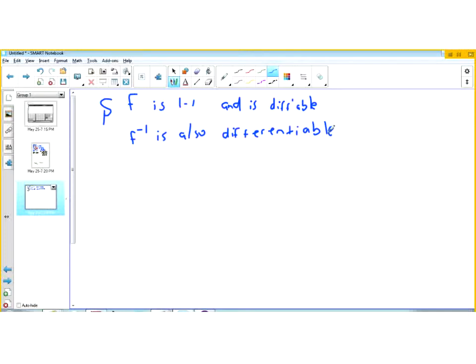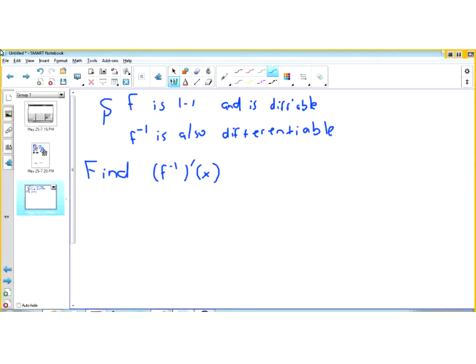And so what we want to do is calculate the derivative of the inverse function. Now remember, this -1 means the inverse, not the reciprocal. It's a difference. So we want to calculate the derivative of the inverse of the function.